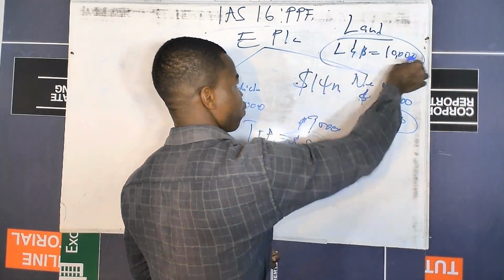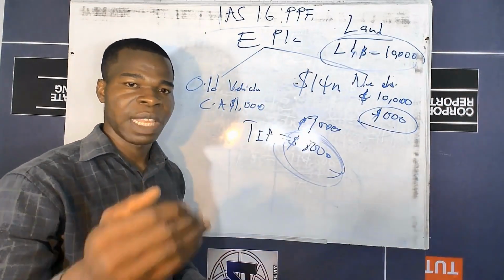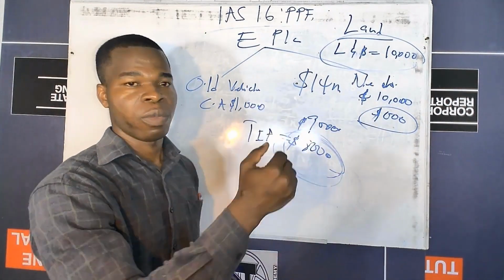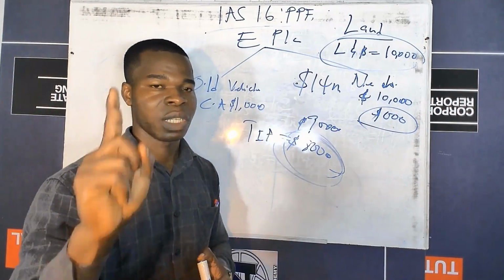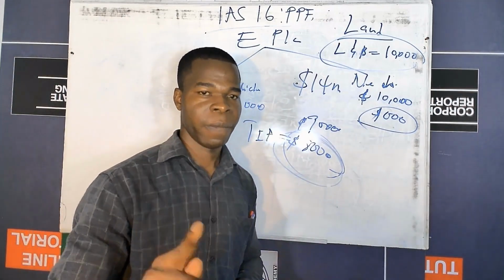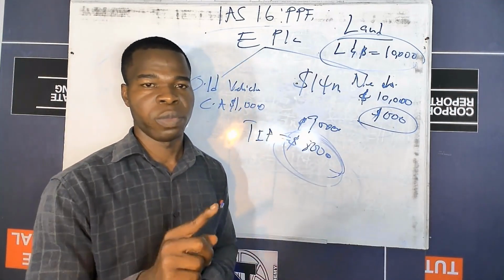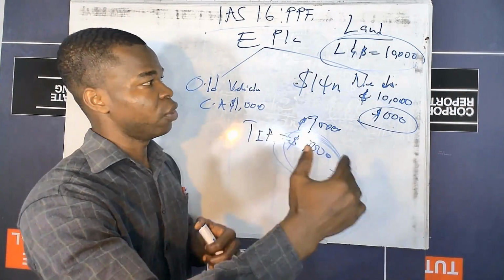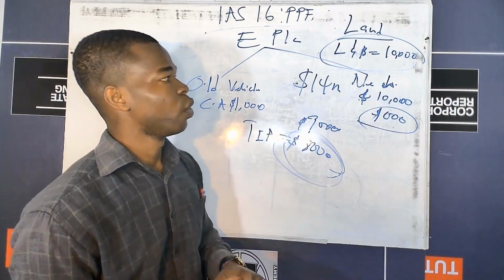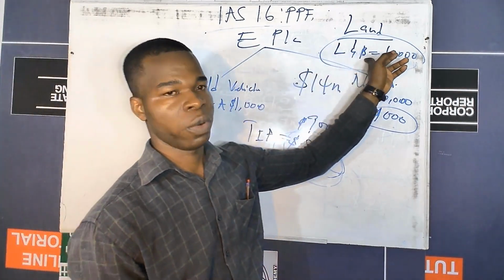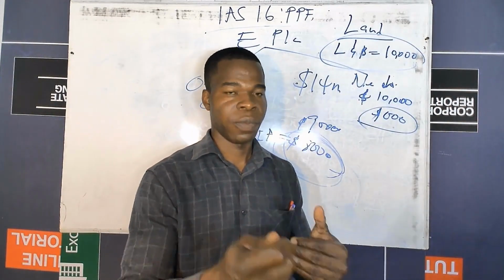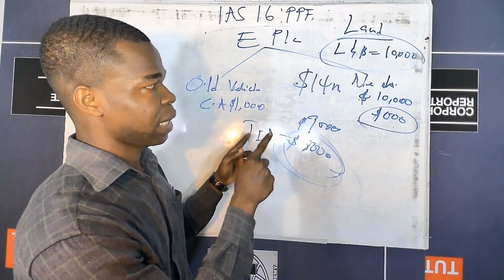In such a situation, you will always be given the component of the land and the component of the building, because land has an indefinite useful life and is not supposed to be depreciated. So mostly you'll be given separate values for the land and separate values for the building. So that is it for land and building as well.